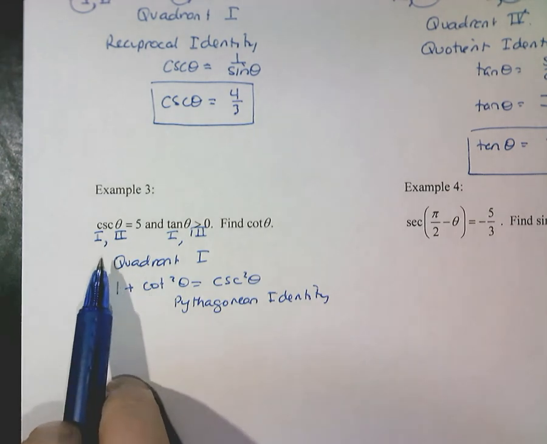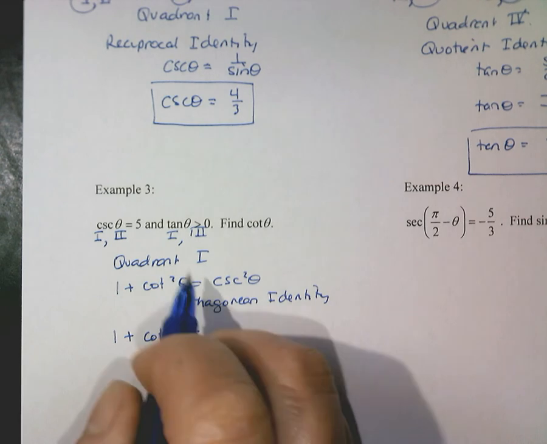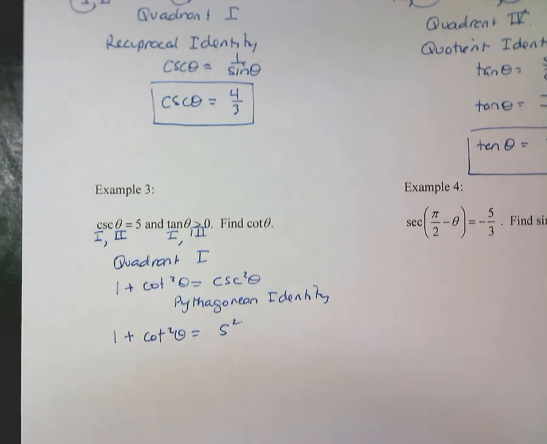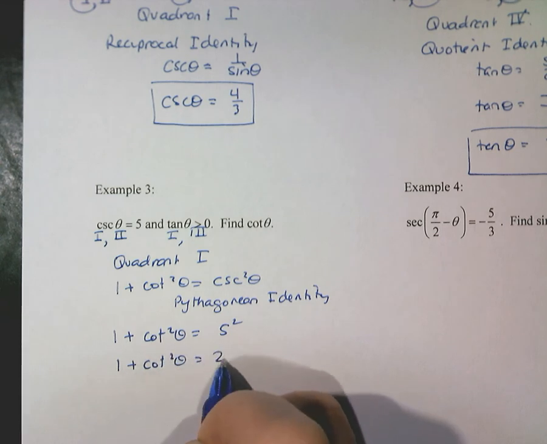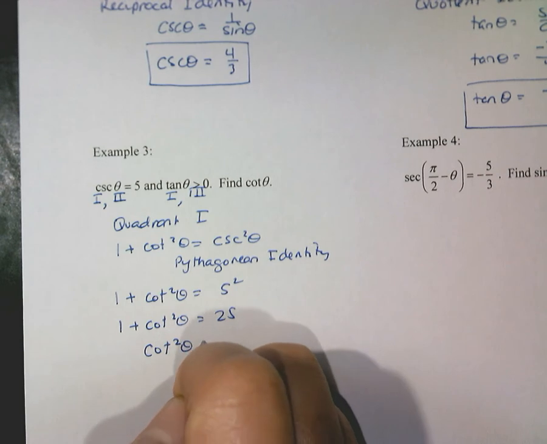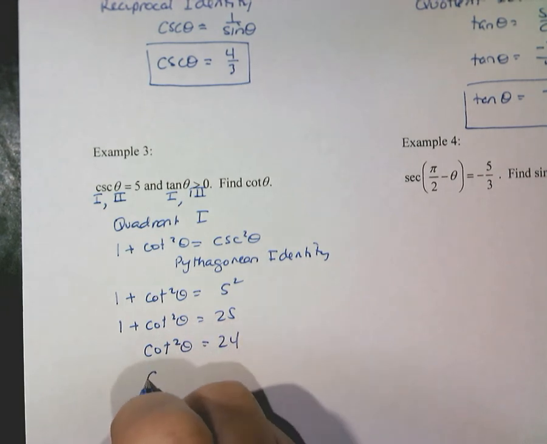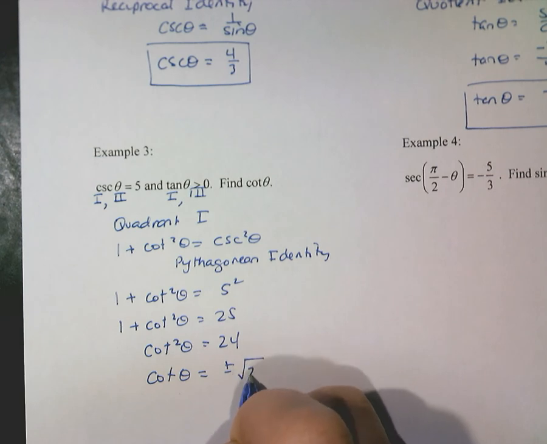So I'm given cosecant, so I know 1 plus cotangent squared theta equals 5 squared. So 1 plus cotangent squared theta equals 25. Cotangent squared theta equals 24. Cotangent theta is equal to plus or minus the square root of 24.